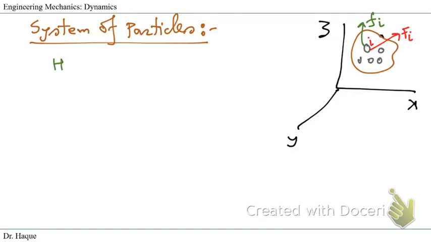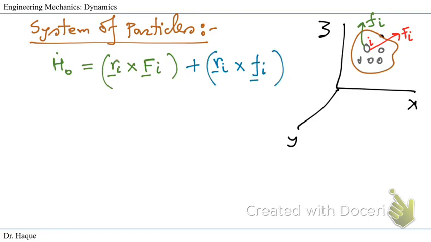If we take the first derivative, from the previous slide we will have Ri cross product of the external force, and for the internal force we will have another term, which will be again Ri, the position of the ith particle, cross product with the internal forces. So for a system of particles we will have two terms, one for external force, one for internal forces.